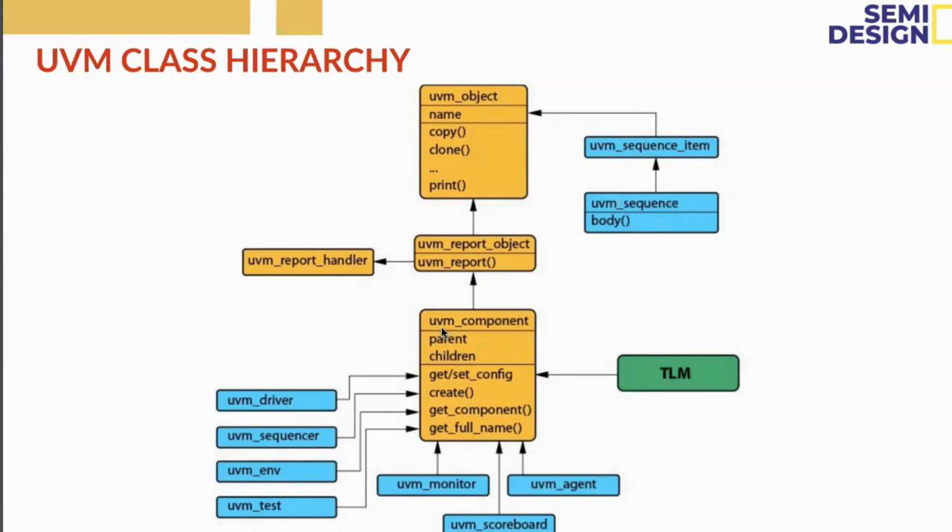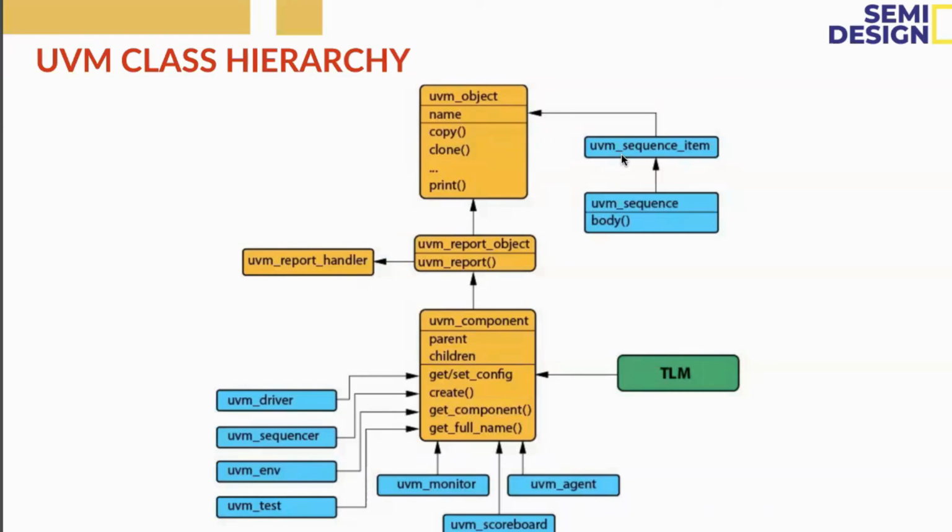Okay, so if you see here, first one, uvm_object. What is meant by uvm_object? If you want to create any object, first we derive it from uvm_object only, right?